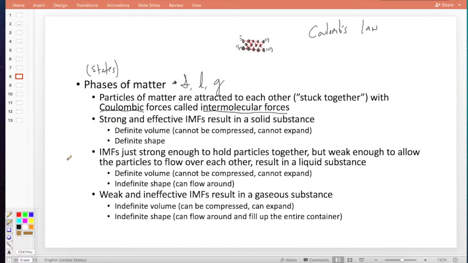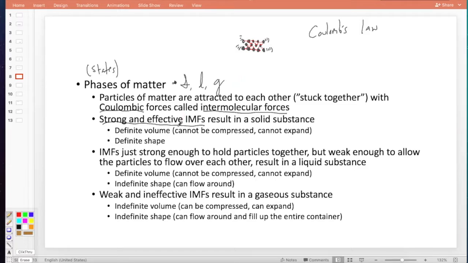Strong and effective intermolecular forces result in a solid substance. Solids are defined by the fact that they have a definite volume. The amount of space they take up cannot be easily changed, so they cannot be squished down and compressed. They don't randomly expand and start taking up more space. And solids have a definite shape.